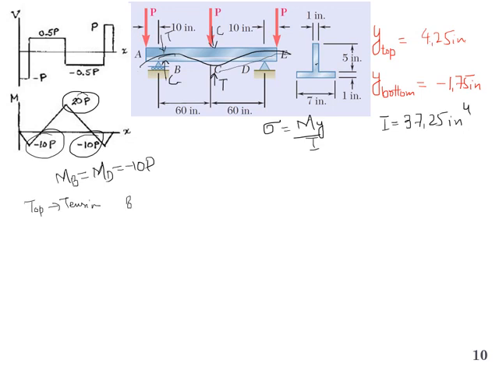We know that 8 KSI is equal to 10 times P, that is the bending moment, times Y top, which is 4.25, divided by 37.25.